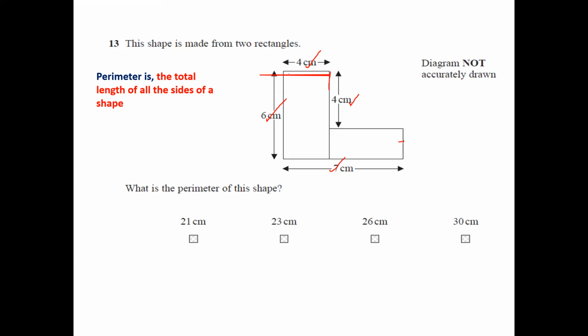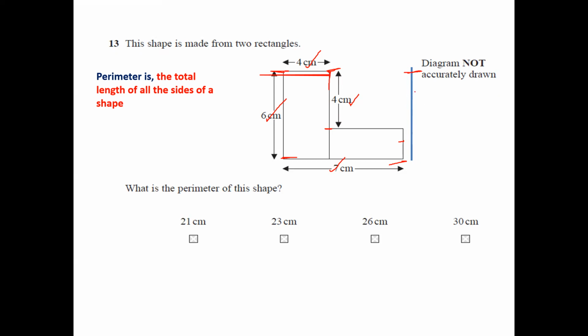Right. So you can see from here to here, the length is 6 centimeters. So therefore, from here to here also, the length should be 6 centimeters. And here you can see from here to here it is 4 centimeters.